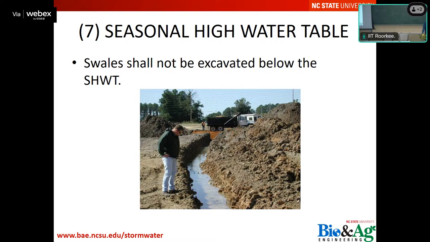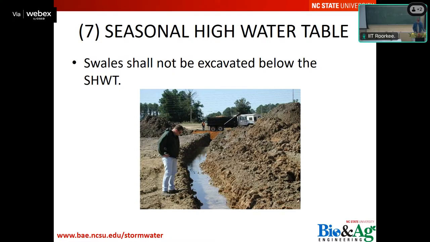Now, if you're designing a bioswale, then you need to have extra clearance between where you're putting that bioswale and the high water table, right? Because the bioswale has a filter media that's placed underneath it. So a standard swale, you have to avoid the water table. A wetland swale, you can hit the water table. You preferably hit the water table. And then a bioswale, you probably want your water table to be down 1 meter to be able to make it work.